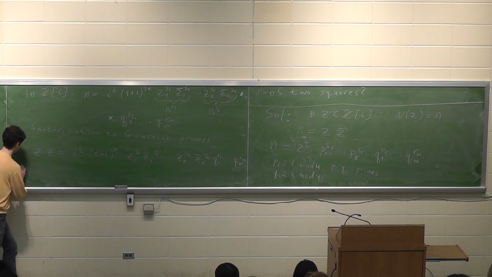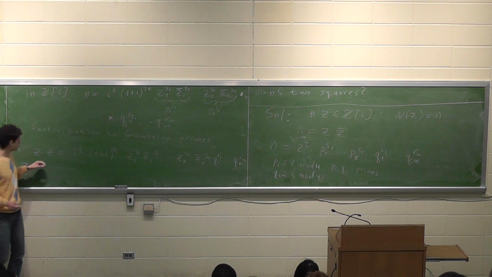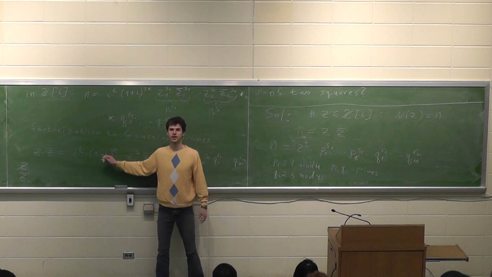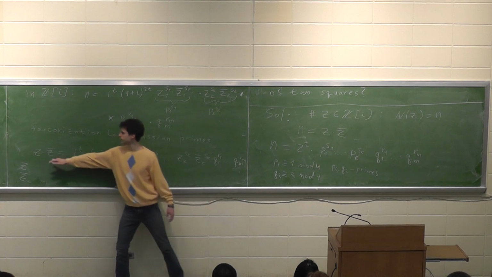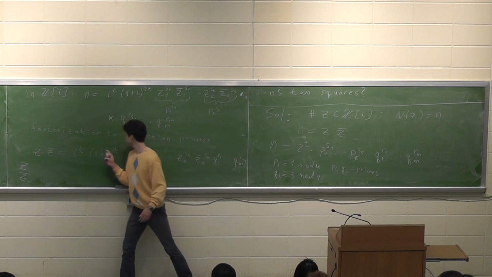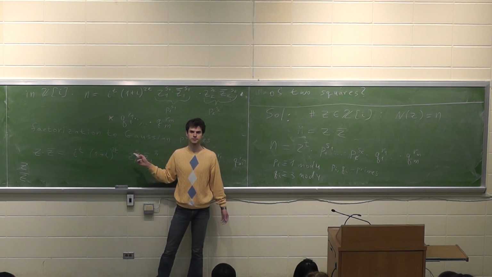Well, let me try. I'll try to write the factorization of z and z conjugate prime by prime powers. Let's see. Here's one prime, 1 plus i. To what power should it appear in z so that in the product it will appear 2t times?